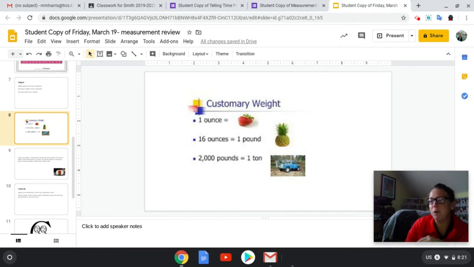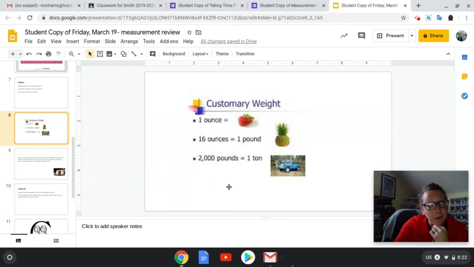We said 1 ounce is about the weight of 1 slice of bread. A pound was about the weight of, good, a loaf of bread, because it takes 16 ounces to equal 1 pound. So it'd be like putting 16 pieces of bread together to make a loaf of bread.